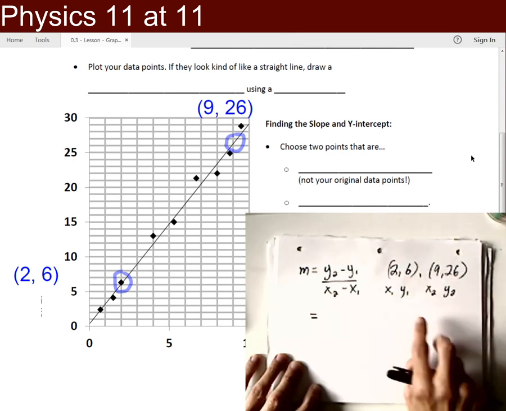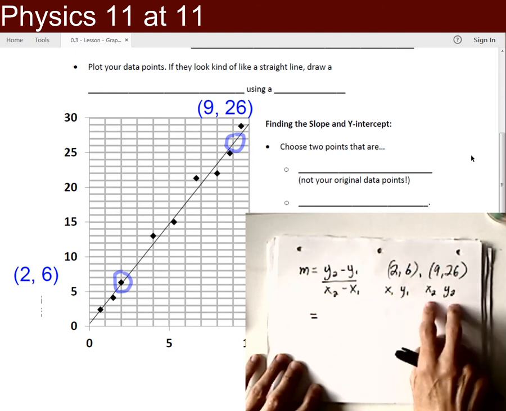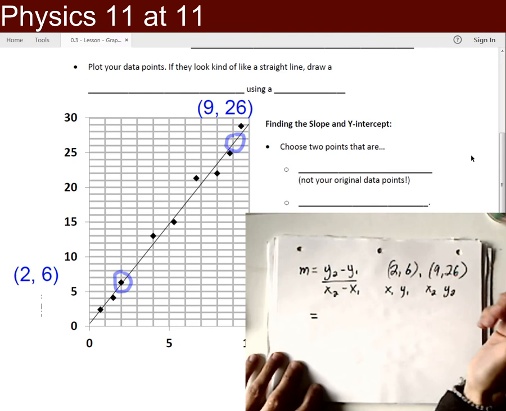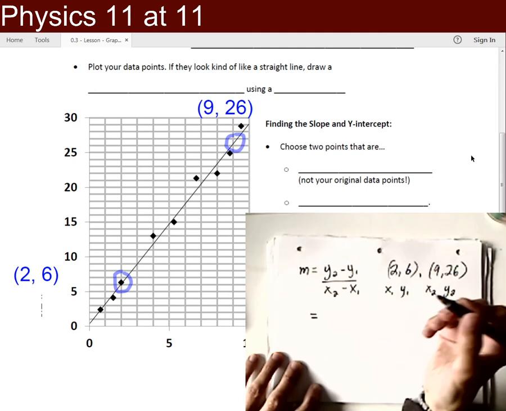Okay, but importantly, these fit together. x1 with y1, x is first, x2, y2. Right, again, x is first. Okay, substitute carefully, and we can get the slope for this line that we have here. So, yeah, I see it's a 20. I took it as a 26.